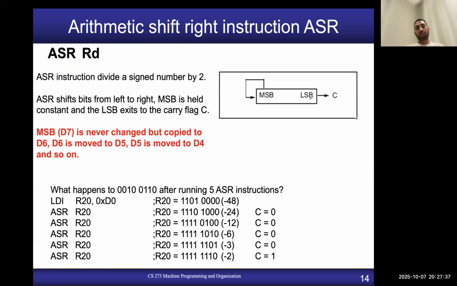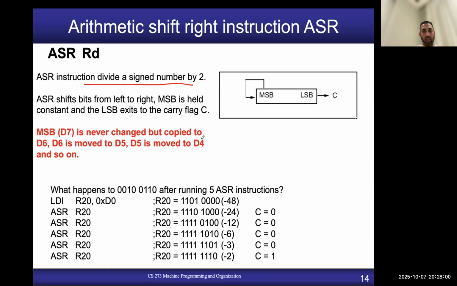The similarity with LSR is that the LSB still goes into the carry flag. However, the most significant bit is not filled with zeros. It is filled with whatever the original value of the MSB was. So basically, the most significant bit always retains its value. Okay. So this instruction divides a signed number by 2.